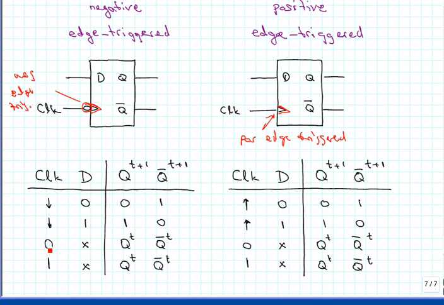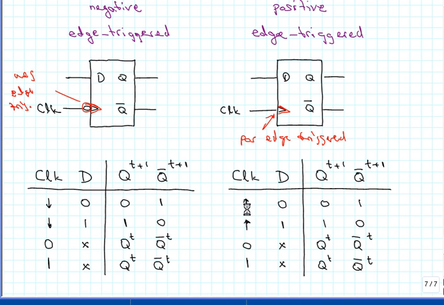And whenever the clock is at level, either the 0 level or the 1 level, and doesn't make a transition, then no matter what the data input is, the output is just being kept at what the previous state of that D flip-flop was, of what that memory element has been storing.